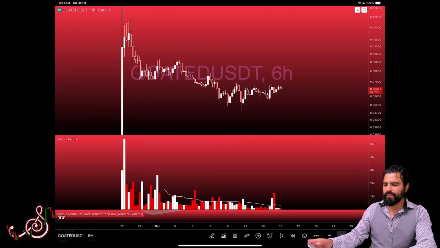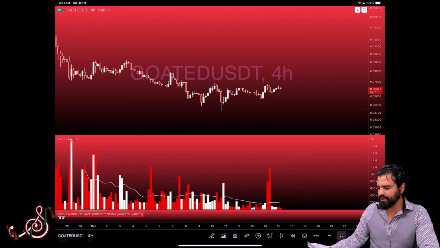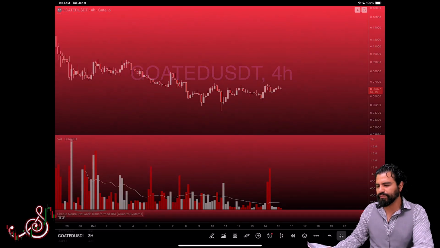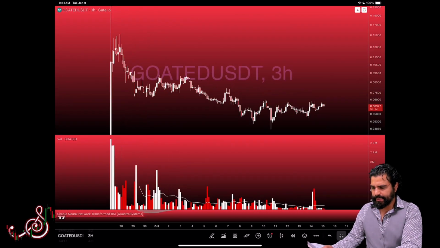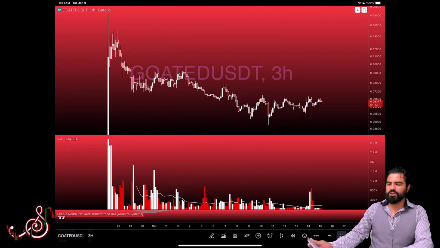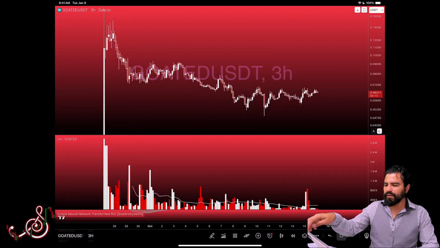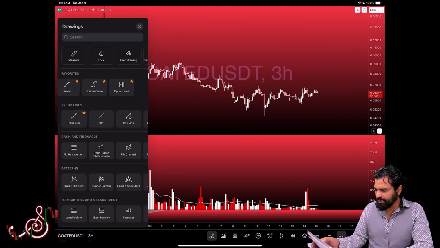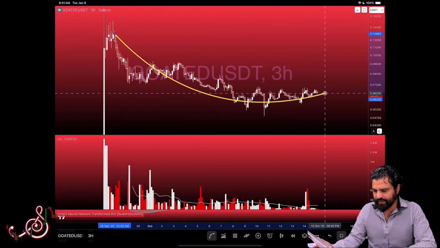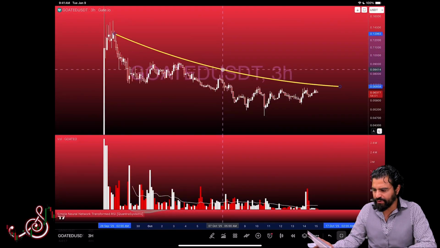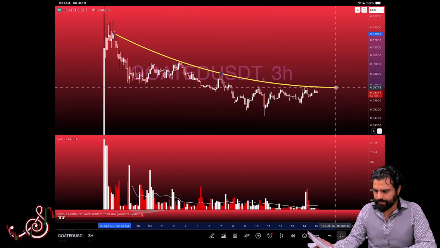Okay, I'm going to do it one more time and go to a 3-hour chart. So we went from daily, 12-hour, 6-hour, and 3, and this is good enough for me. If I were to draw some structures here to help us identify weaknesses and health, I would draw these.